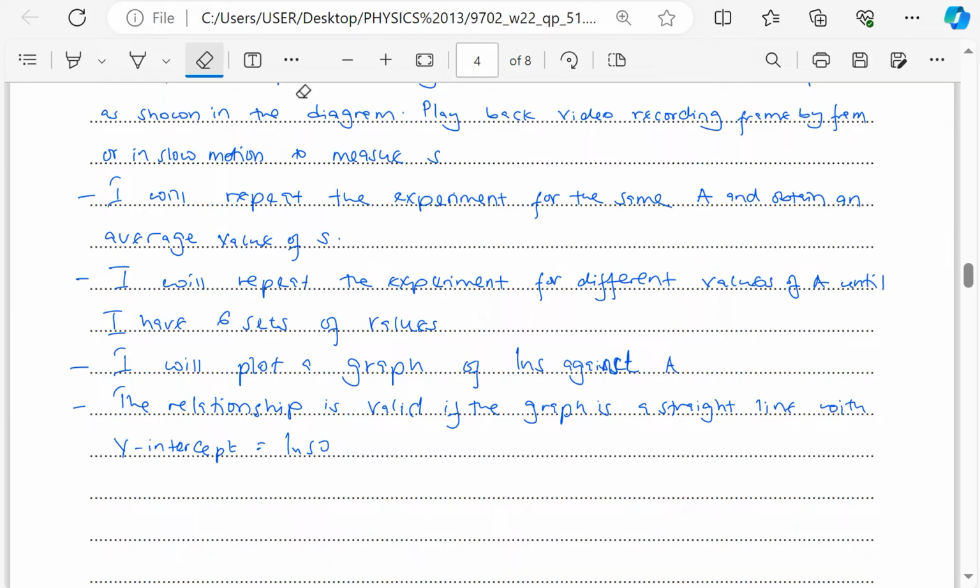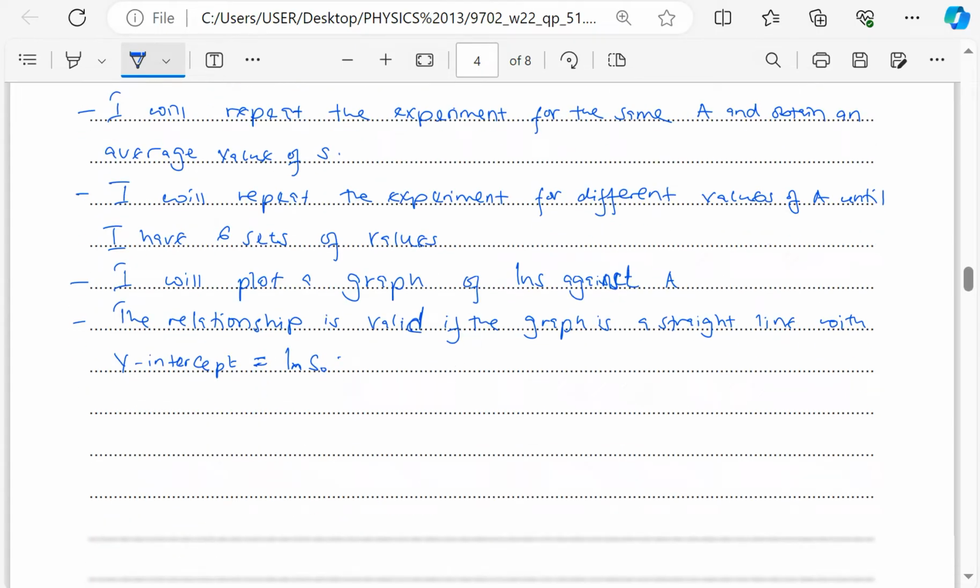I think the y-intercept was ln of S naught. If there was no y-intercept, we would say the relationship is valid if the graph goes through the origin. But here the relationship is valid if the graph is a straight line with the y-intercept, which is equal to ln of S naught.